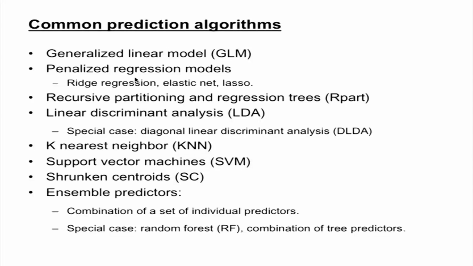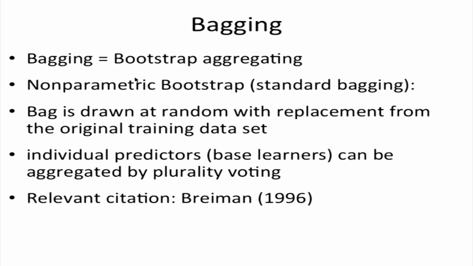So here we are. I mentioned these approaches that were used in the comparison. There's also the support vector machine. There's a technique, shrunken centroids, which is a very accurate predictor proposed by Tibshirani et al. And I already taught you bagging, which is bootstrap aggregating a predictor. That's, of course, the first thing you could do.